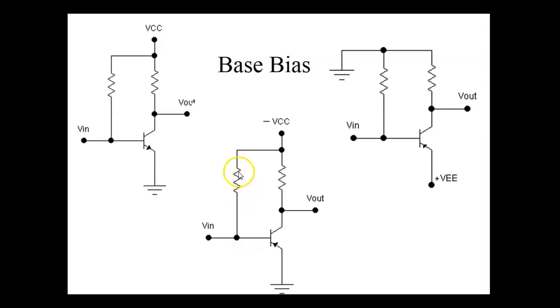The emitter, we're putting a negative, so PN, this is negative, and since this is common, then the emitter would be positive with respect to the base. Here we're forward biasing a PNP transistor with a positive power supply. So here we're putting a positive on the emitter.